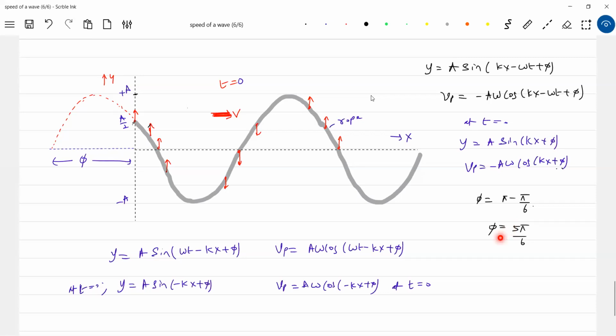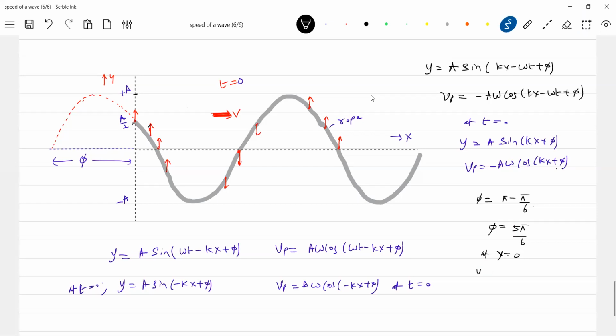Okay, got this one. So the phase angle is pi minus pi by 6, now I can justify my answer. Put this phase angle 5 pi by 6, put x equals 0. Cos of 5 pi by 6, positive or negative? Anybody? At x equals 0, this I will rule out.